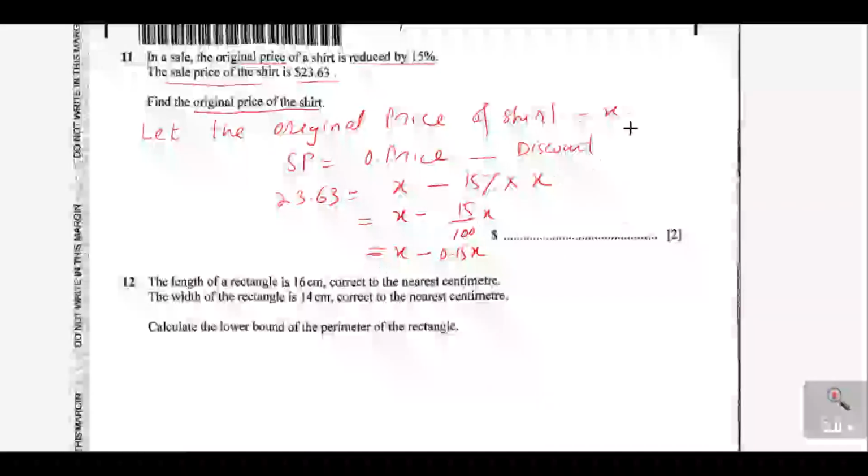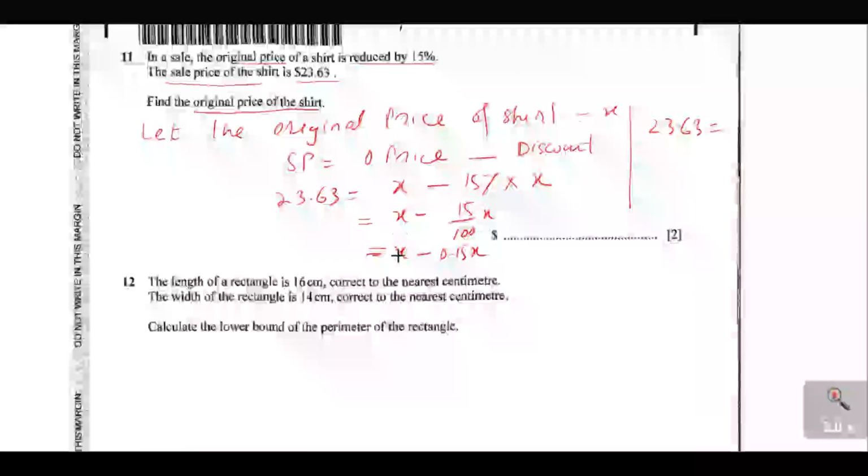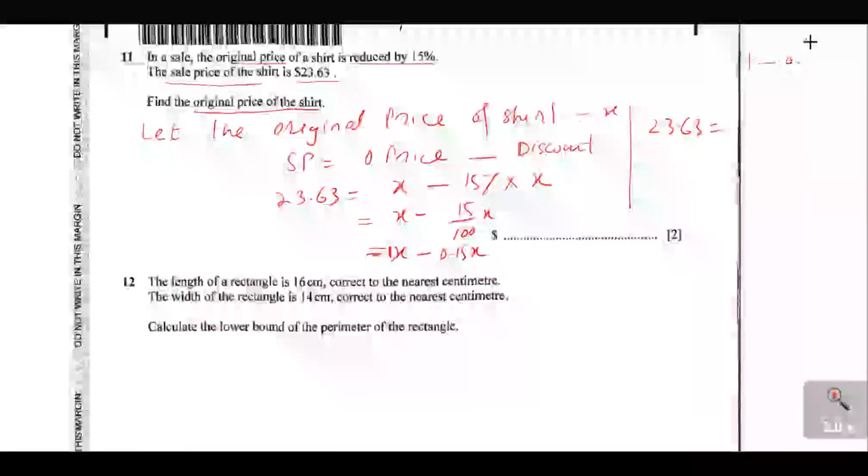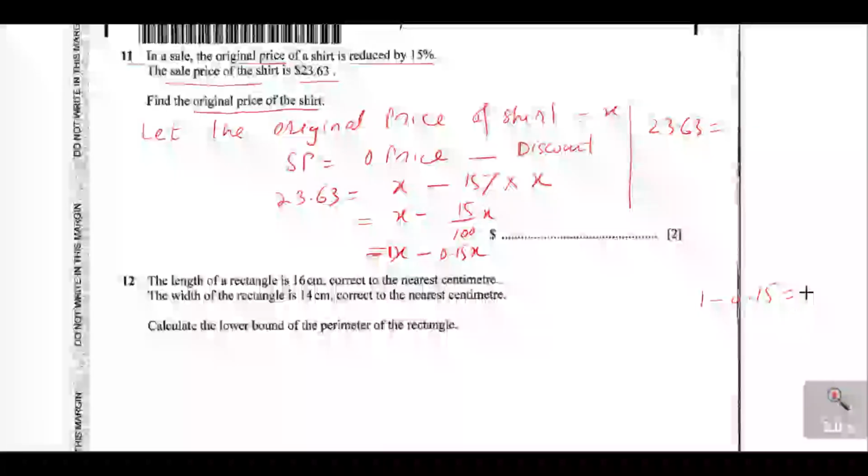So 23.63 is equal to (1 minus 0.15)X, and this is 0.85.